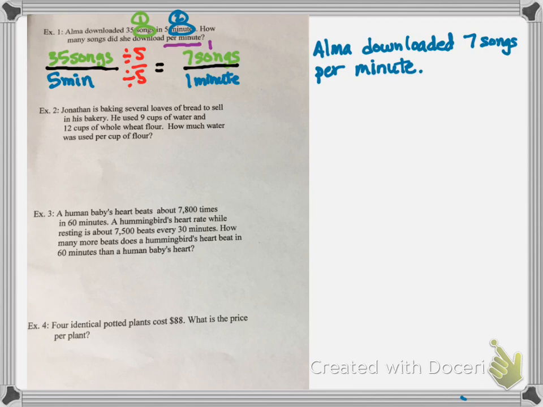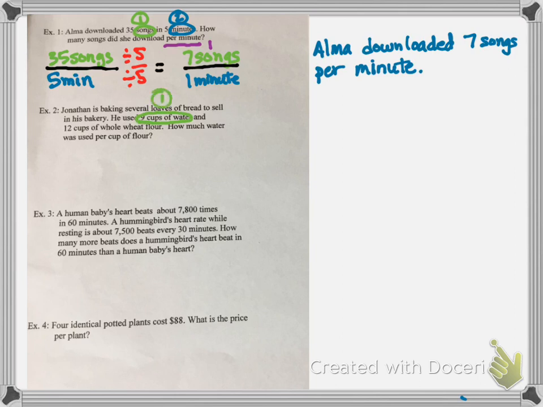Next, we've got Jonathan is baking several loaves of bread. How exciting. To sell in his bakery, he used 9 cups of water and 12 cups of whole wheat flour. How much water was used per cup of flour? Hear that per, that means divide by. So what came first? The water, right? So that's the first thing.